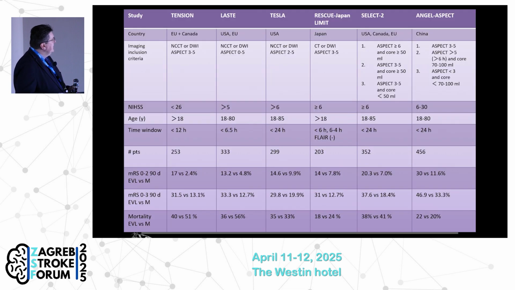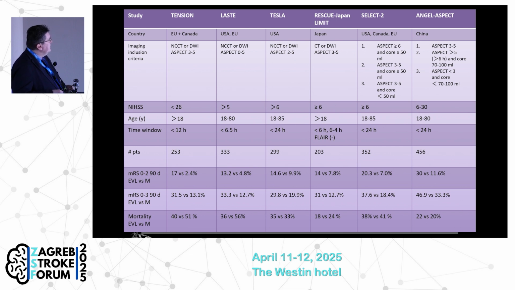as I mentioned. So if you compare all studies focused on large core, you can see some difference according to the time, and as well according to imaging inclusion criteria.